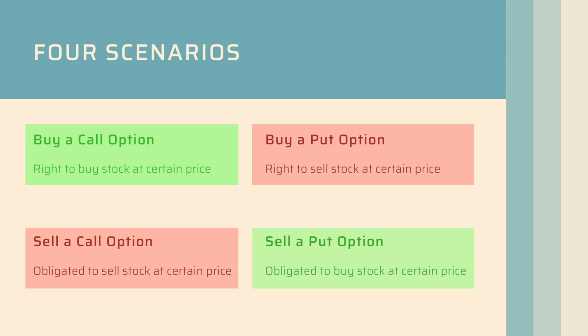Whereas when you sell a put option, you are obligated to buy stock at a certain price. Similarly, when you buy a put option, you have the right to sell stock at a certain price. Whereas when you sell a call option, you are obligated to sell the stock at a certain price.